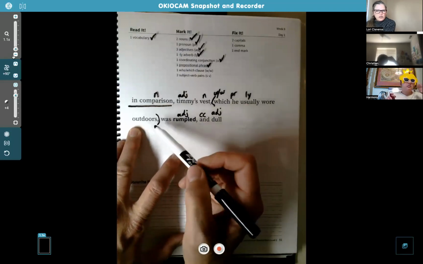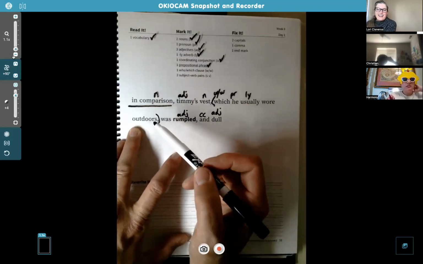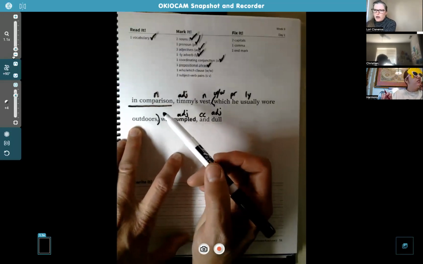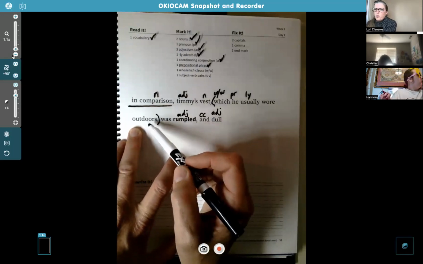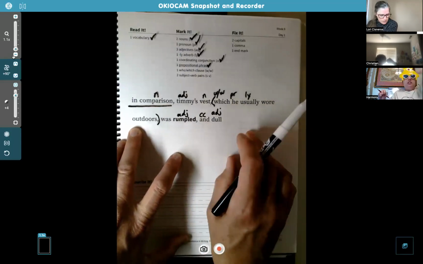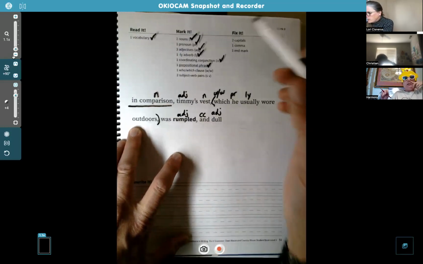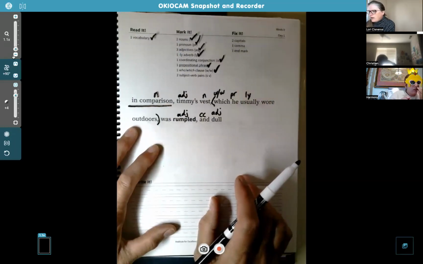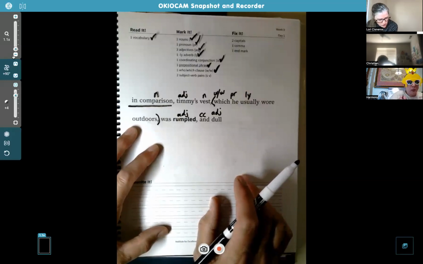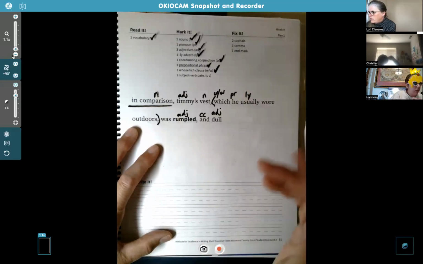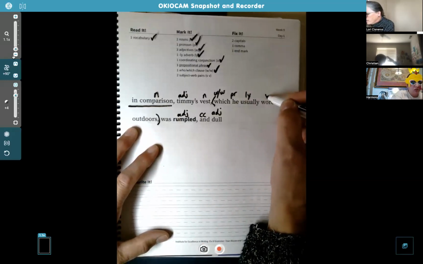So that was a tricky one because sometimes outdoors is an adjective and sometimes outdoors is a noun. You guys were both right about the word, but the way it's used in this sentence is part of the which clause. Okay. Back to Harmony. How about the verbs? Where are the verbs in this sentence? Those are the action words, or helping or linking. Wore is one.